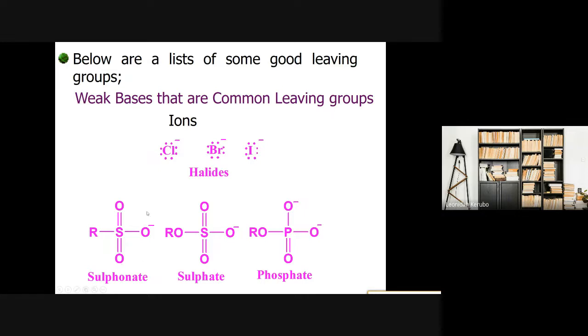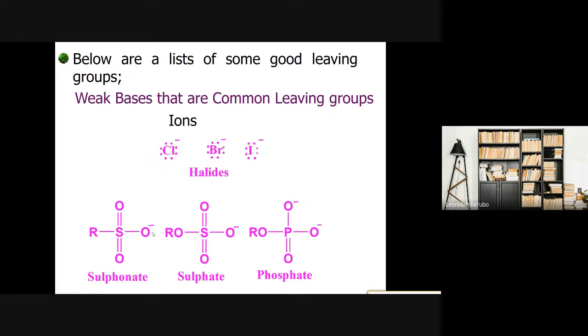And later, the third resonance form is where the negative charge will be on this other oxygen. So what it means is that the negative charge is shared by three atoms rather than being localized on only one atom, like you can see in the chloride. So these ones are relatively very stable.